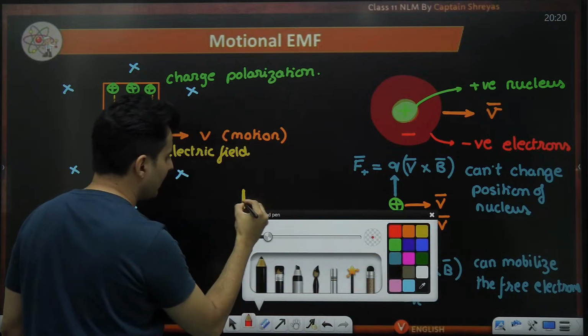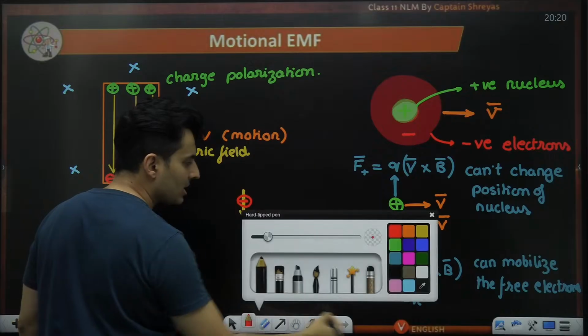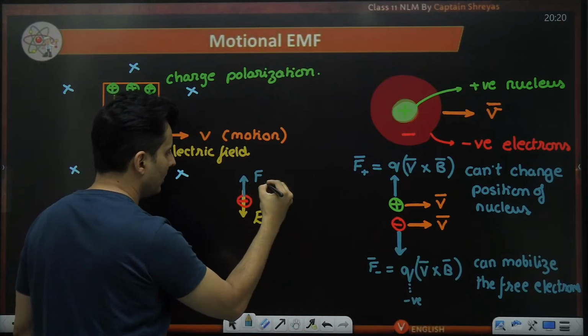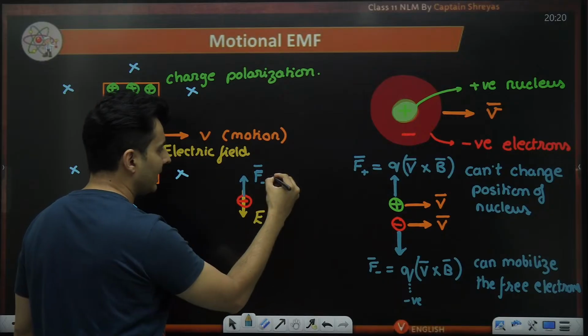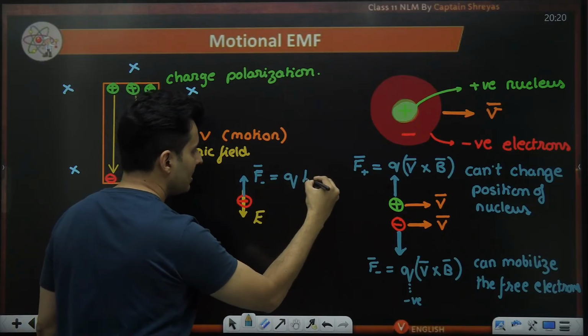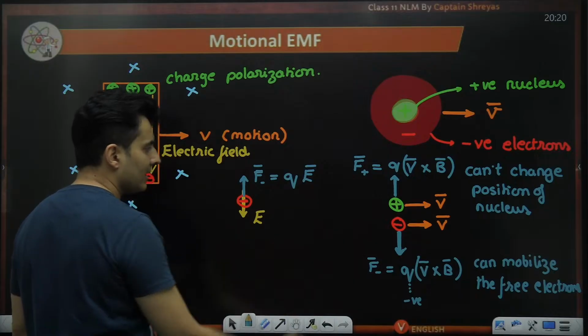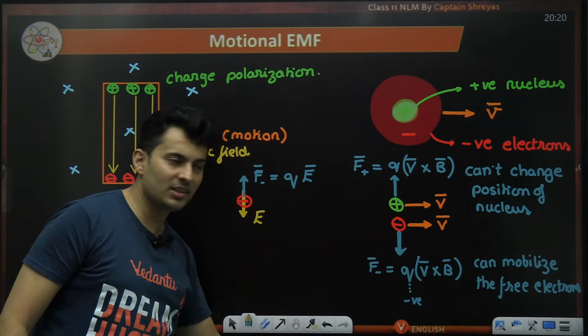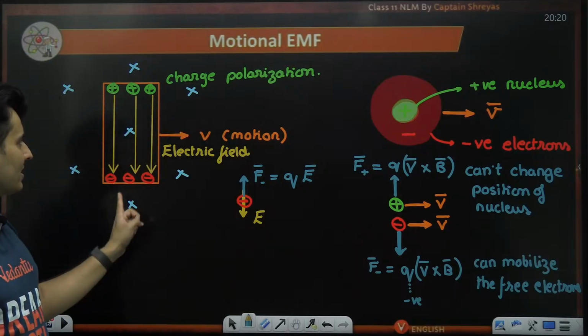But if you consider any kind of negative charge, the force on an electron will be exactly opposite. It will be the charge into the electric field. It will be this way. Magnetic force is pulling it down, but electric force is opposing it.